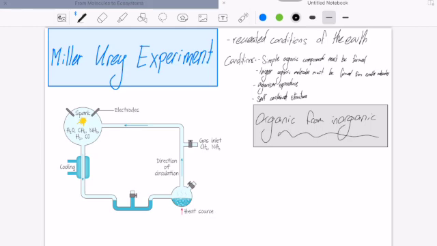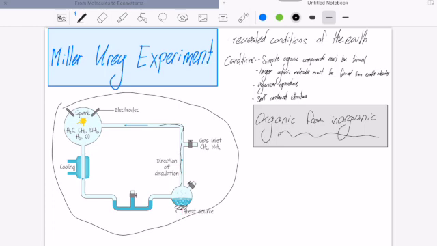Now, Miller-Urey came up with this experiment, as we can see here. This basically aimed to recreate the conditions of the Earth, where the Earth would be seen to be inhospitable. So the experiment goes, firstly, water is boiled, and this is where it would be. Water is boiled and evaporates and moves up here into this larger flask.